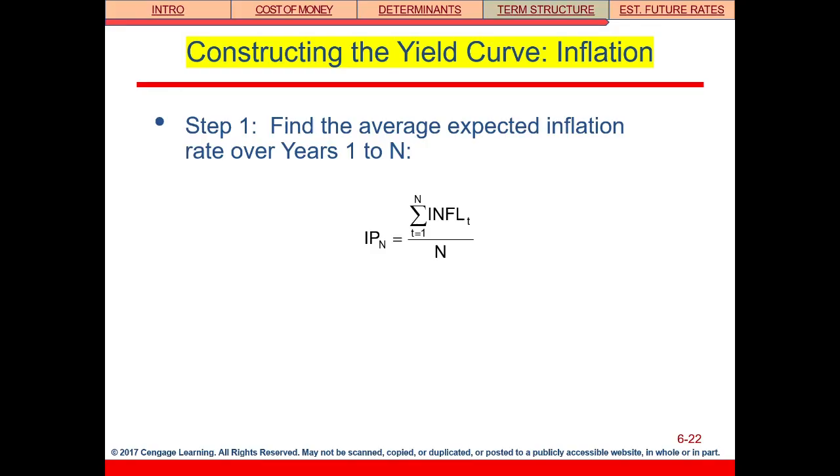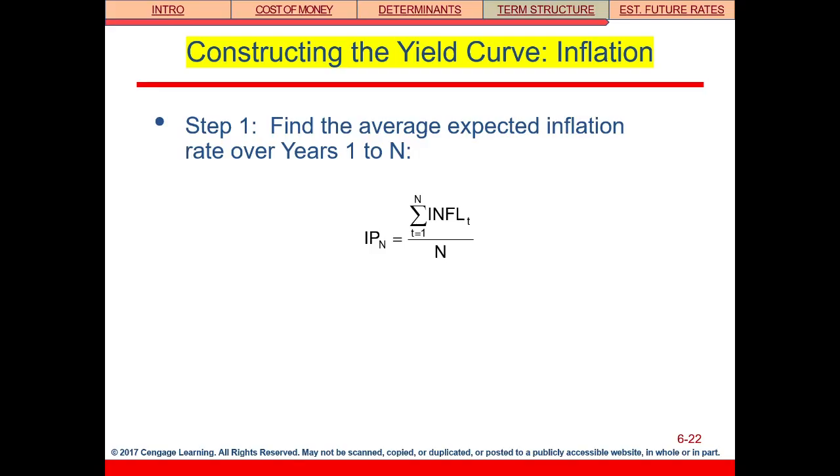So let's continue. In the previous class we discussed the determinants of the interest rate, and then we discussed what the yield curve and term structure are. In this class, we're going to discuss in detail how to calculate the appropriate interest rate level and how to calculate each risk premium so that you can calculate the final interest rate.